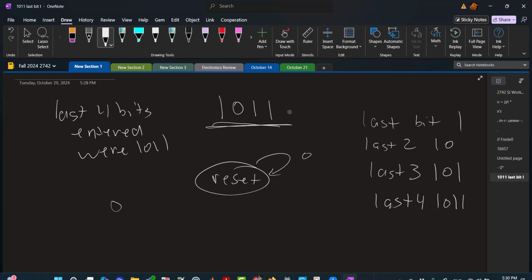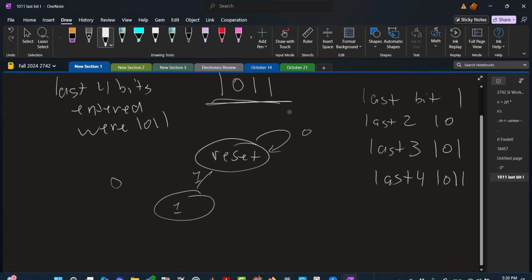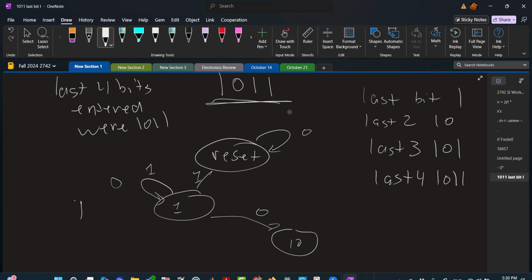If I have a 1, that brings me to this one, where my last bit was 1. Now from this 1, if I get a 0, I'll go to here where my last 2 bits were 1 0. But if I get a 1, I'll come back here where my last bit was 1. It looks like 1 1, but I still have my last bit as 1.